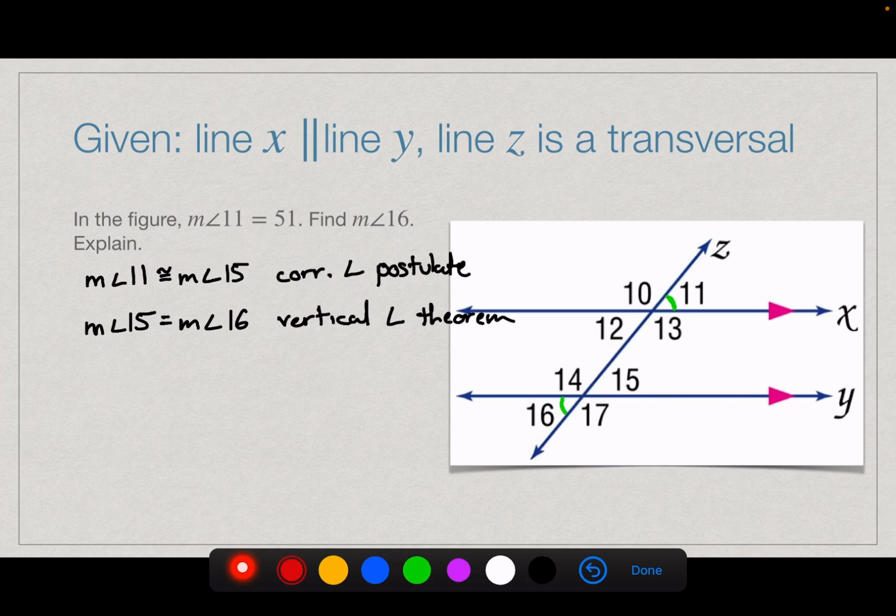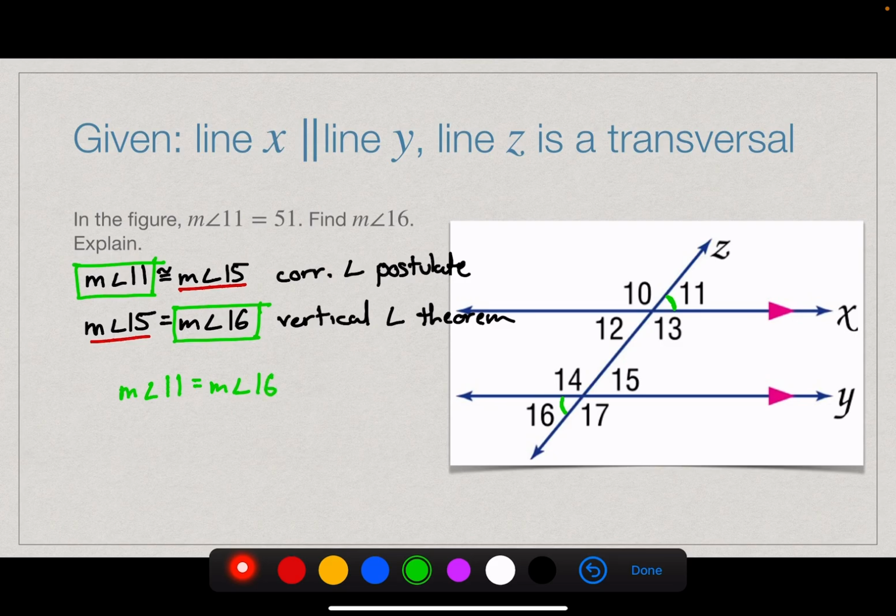Well, if we know that 15 is equal to 16 and 11 is equal to 15, then essentially we can say that the measurement of angle 11 is equal to the measurement of angle 16. And so therefore, we're going to say that the measurement of angle 16 is equal to 51 as well.